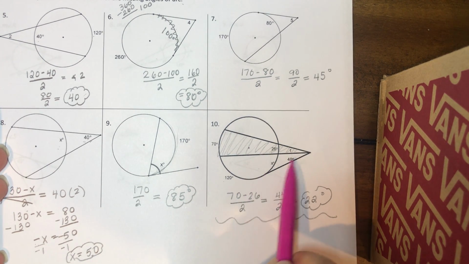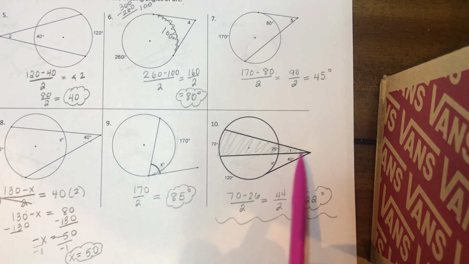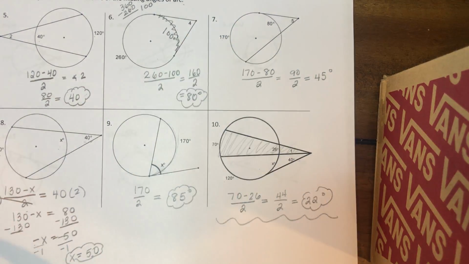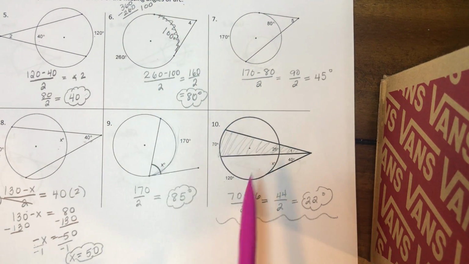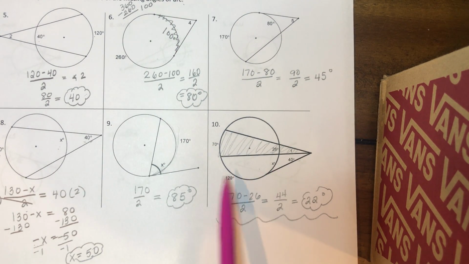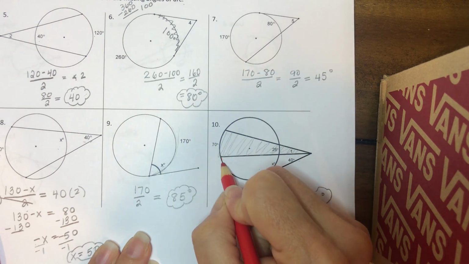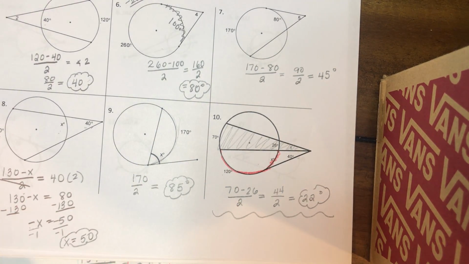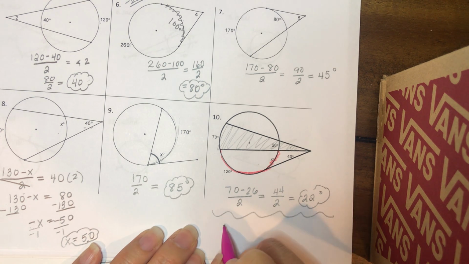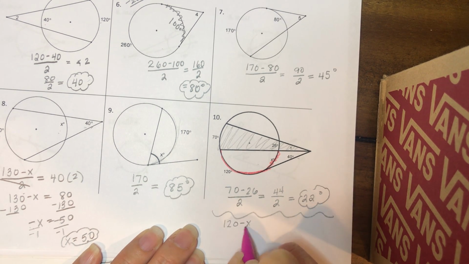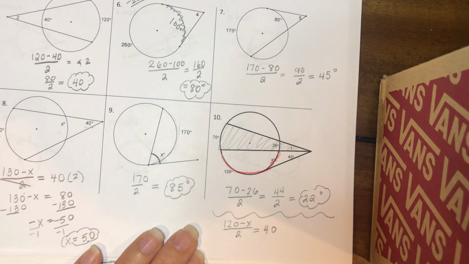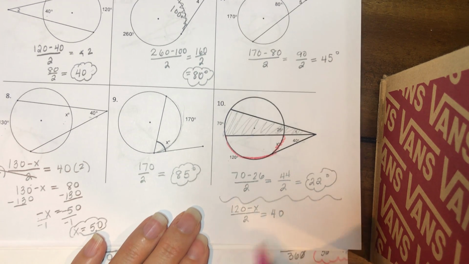Now the second part down here looks like we have a secant and a tangent, which looks like the third rule that we talked about. Again, follow the formula. Subtract your arcs right here and right here. 120 minus x, take half, and it equals your angle measure, which is 40. So we don't want that 2.